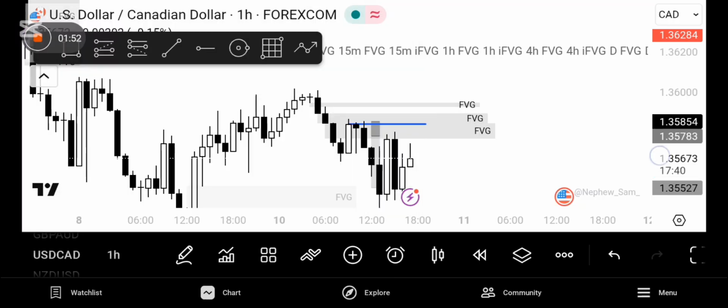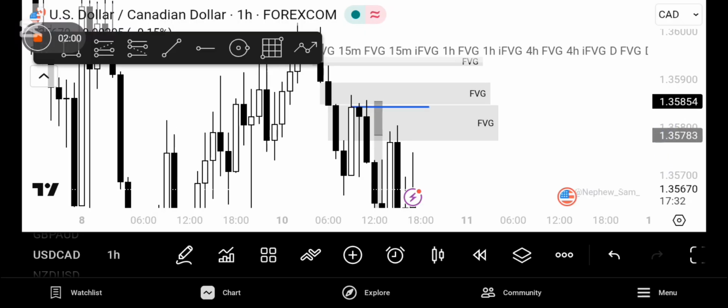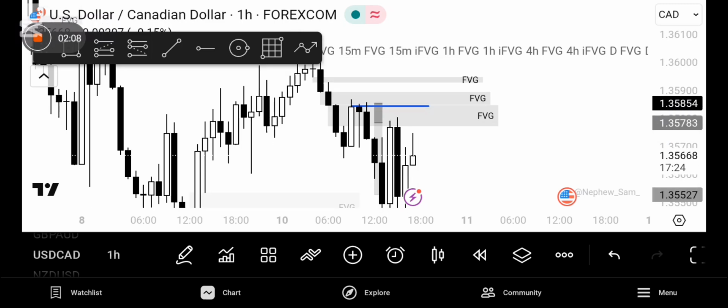Then what did I see? I saw that this particular candle wicked above that key level, and in many cases that's usually CRT for me, right? And in fact, it works well when it supports the bias of the market, right?